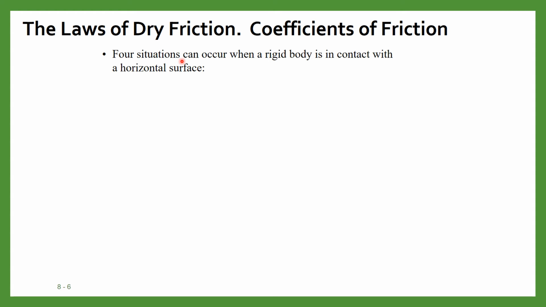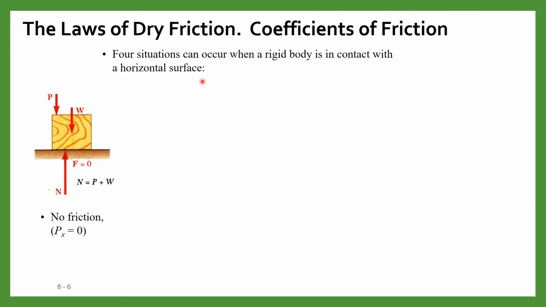Now there are four situations that can occur when a rigid body is in contact with a horizontal surface. Let us see those four conditions. This is the first condition, when the force is applied from the top.